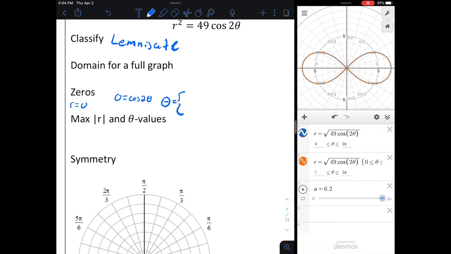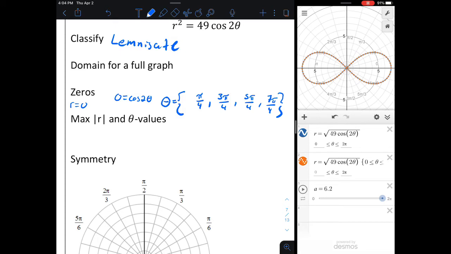And we're going to generate a list here of pi over 4, 3 pi over 4, 5 pi over 4, and 7 pi over 4, and I'm excluding 2 pi because that's the same point as 0. Well, 2 pi is technically not 1, but when it comes to making our intervals, I'm going to exclude that. Now, that's everywhere that this graph is crossing the pole.